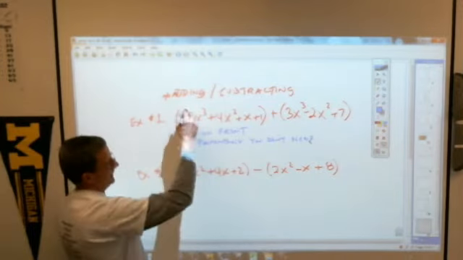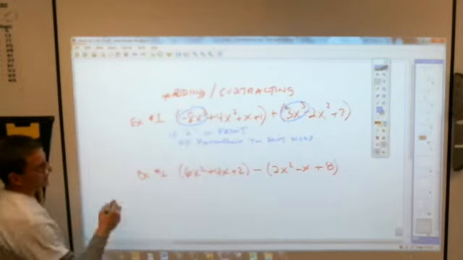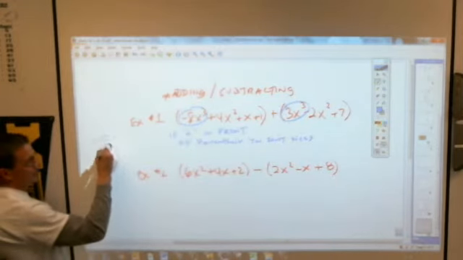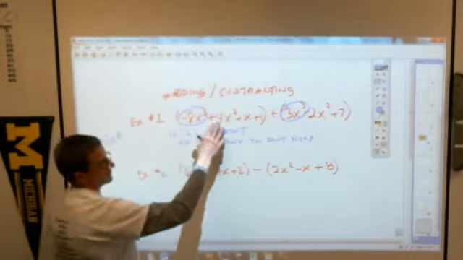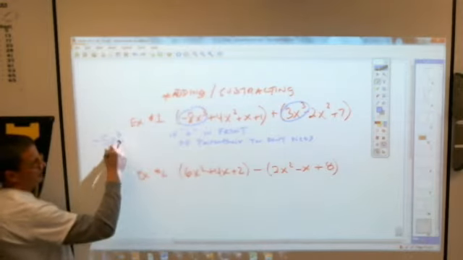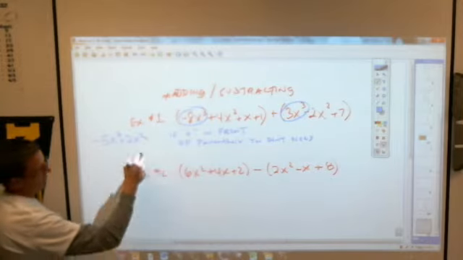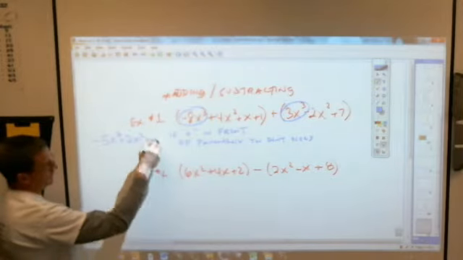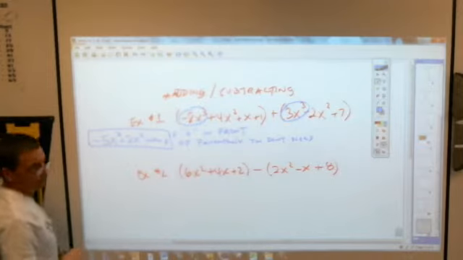You have a negative 8x cubed here and a positive 3x cubed there. That gives you a minus 5x cubed, right? Negative 8 plus 3. You have a 4x squared here and a minus 2x squared there, which gives you a 2x squared. And you have an x there, which you have to keep. Then I have a 7 and a 1, and I get 8. Those parentheses really don't do anything or mean anything.